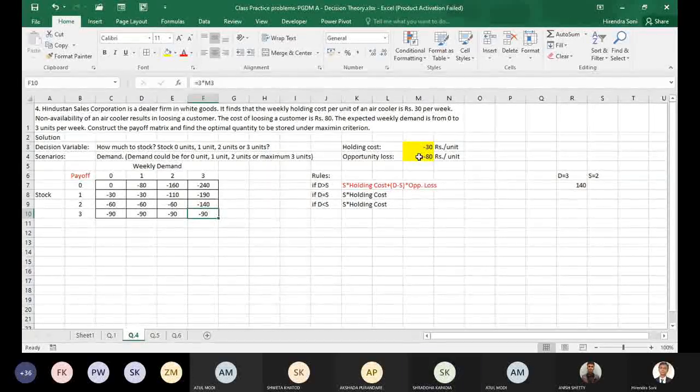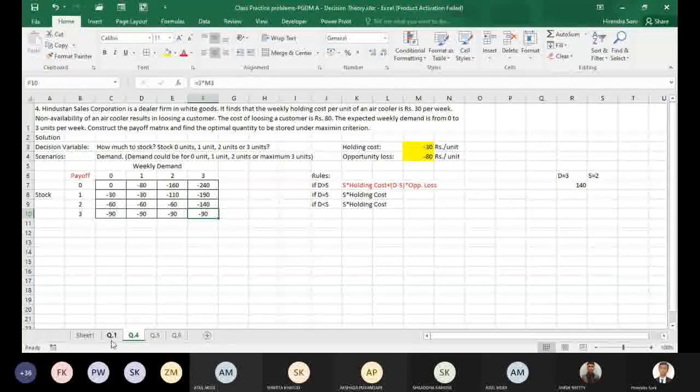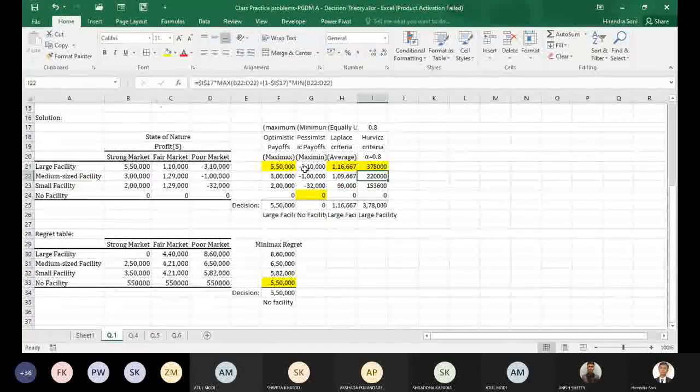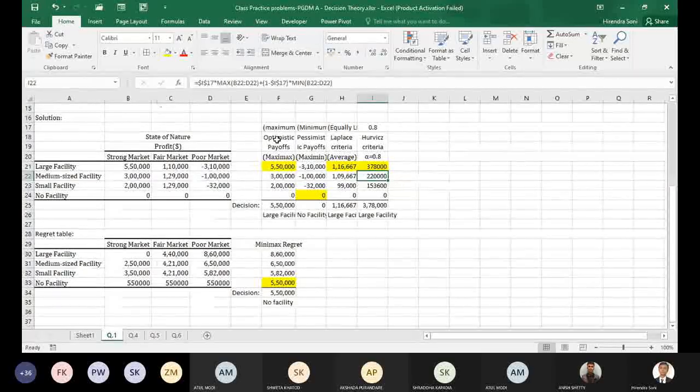Yes, sir. Now this is your matrix. Now there are multiple ways how you can take your decision, but they have already defined that the decision is to be worked out under maximin criteria. We have seen earlier that we can have our decision under optimistic payoff, pessimistic, Laplace, Hurwitz.